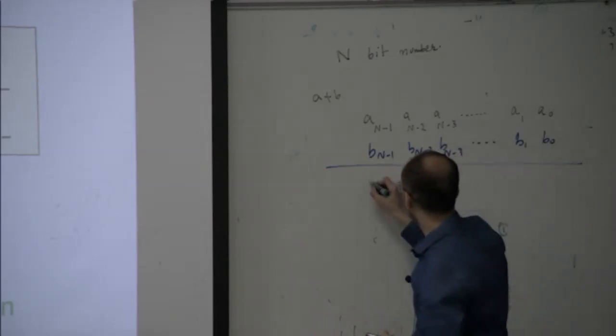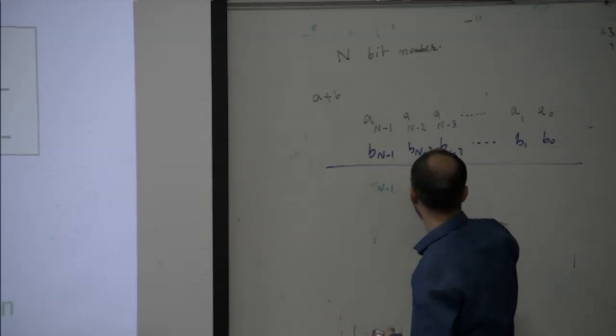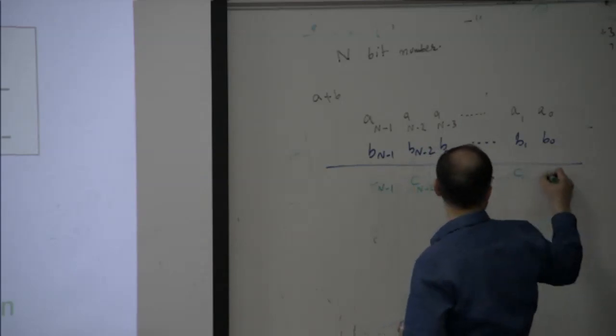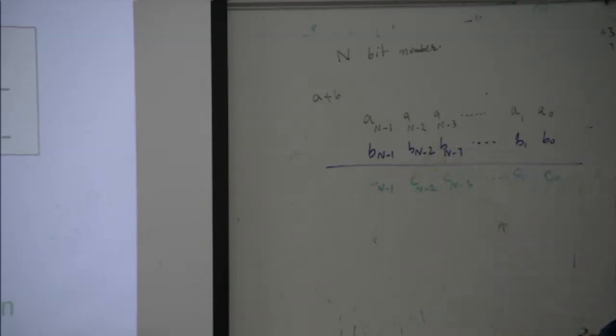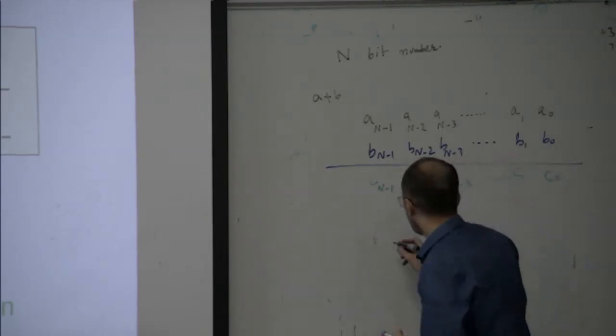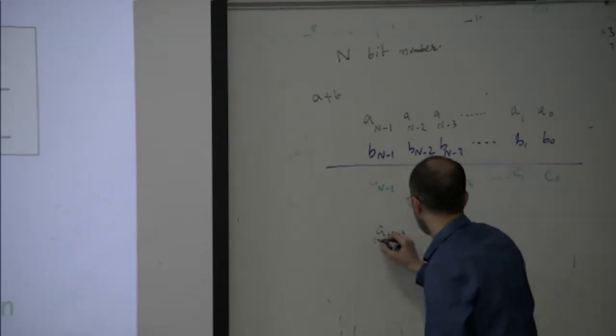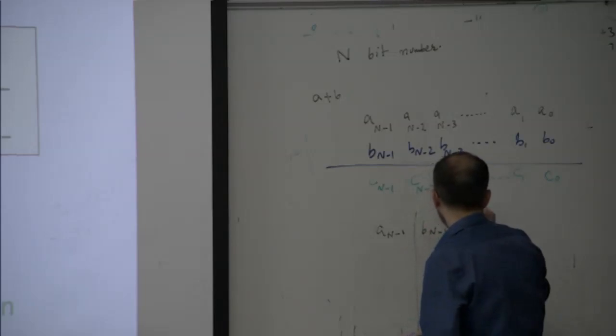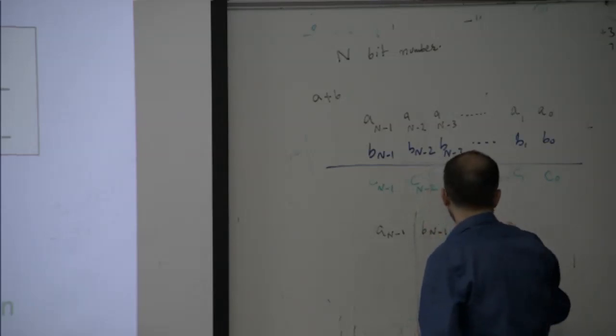Now when we perform this addition, we get some result. We call this c(n-1), c(n-2), c(n-3), until c1 and c0. So when an overflow is 1, please look at this. So overflow will be 1. So now we have this table: a(n-1), b(n-1), and c(n-1).